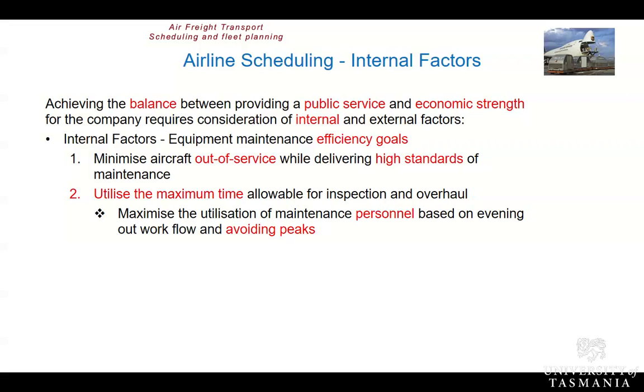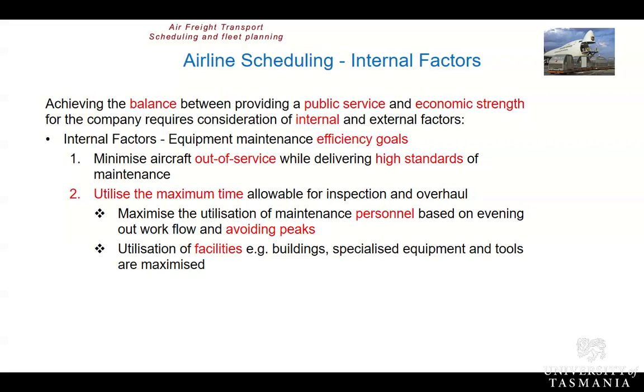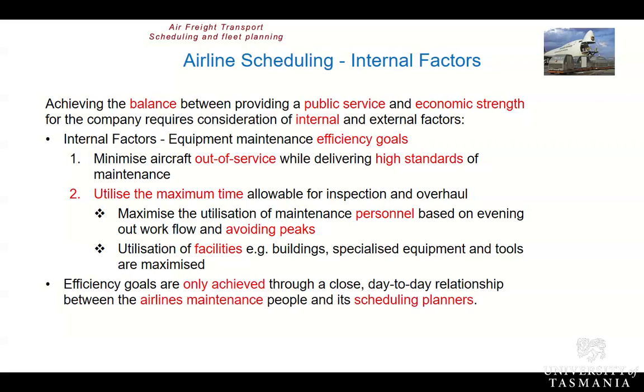One is to ensure that the maintenance personnel are managed in an even manner, so the workflows are evened out, and trying to avoid those peak times, while at the same time maintenance personnel also will have equipment, they'll have tools, they'll have facilities, making sure that they're utilised in an even manner. So that's I guess those two maintenance efficiency goals.